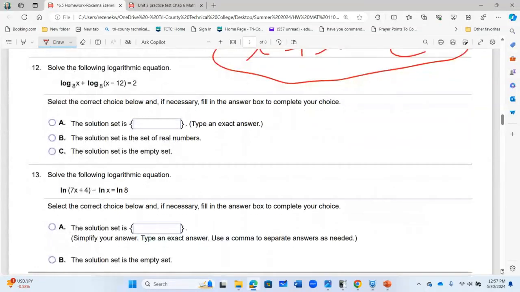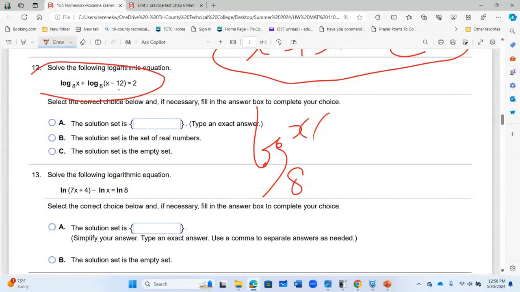It's almost like we're doing all the homework in class. But anyway, we have to do that because we have a test. Okay, so first of all, let's tidy this up. There are so many other ways we can do this. In fact, the other one we could have tidied up too. So let's tidy this one up. Because it is addition, we can make it log to base 8 of x multiplied by x minus 12, because addition is multiplication.